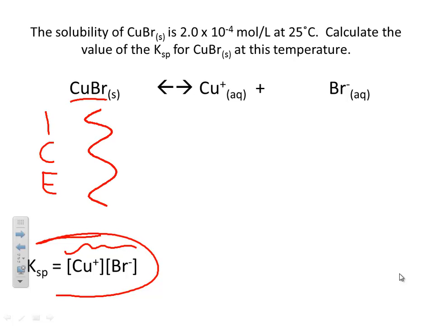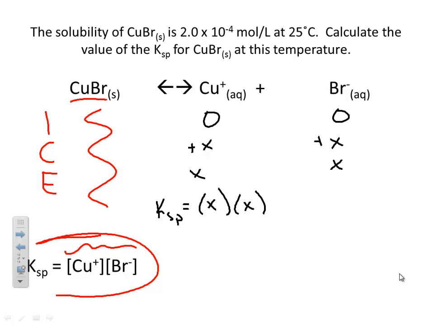Again, we're going to totally ignore our solid because it doesn't really participate in our solubility product law of mass action. We're going to start off with zeros for our initial concentrations. We're going to have a change of x, which is going to give us x and x, which really gives us a KSP equation, a law of mass action, of x times x. If we translate what we have down here up to here with our equilibrium x's put in.